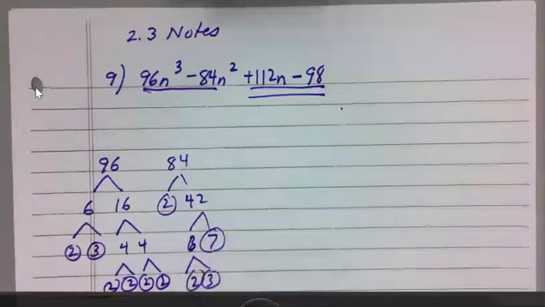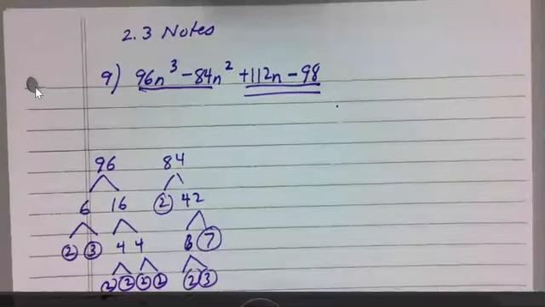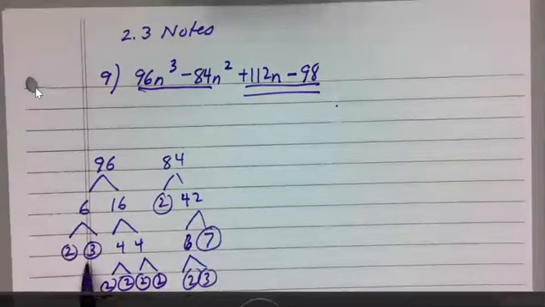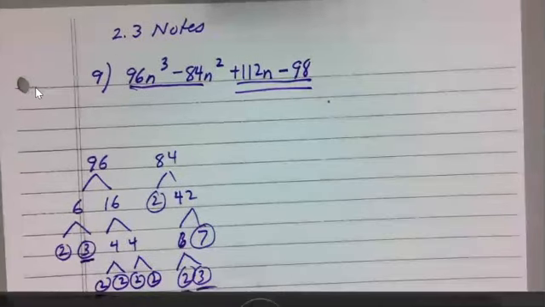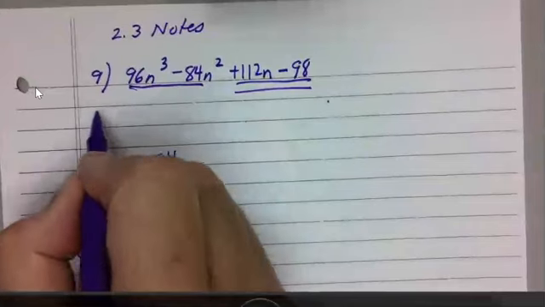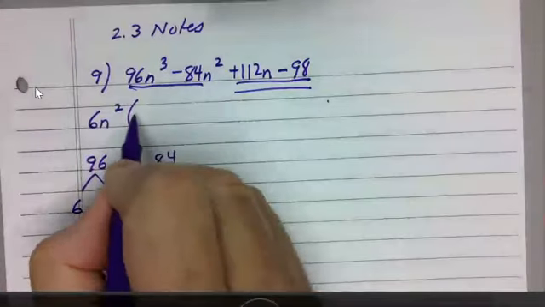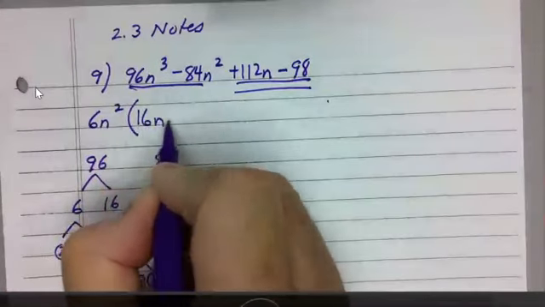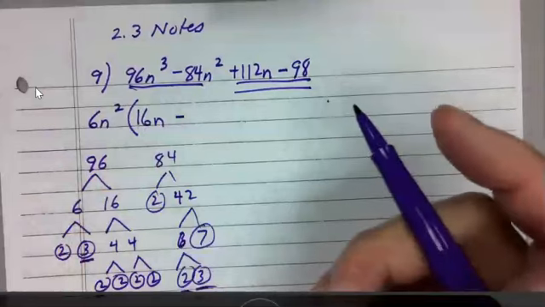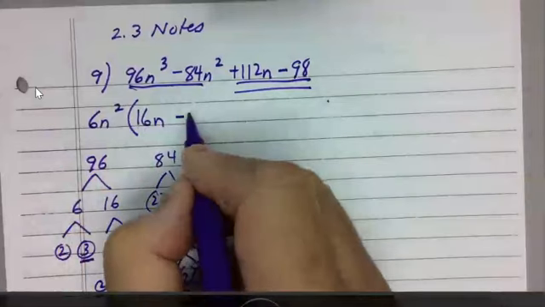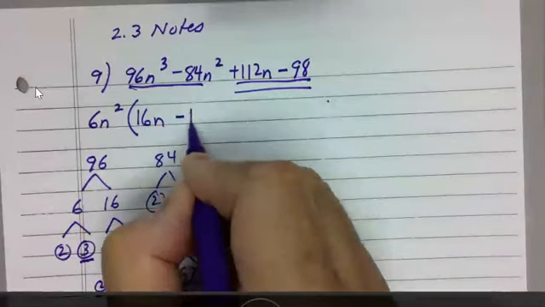So what do they share in common? This and this and this and this. Looks like that's it. So it'll be 2 times 3, which is 6. So 6n squared. So that gives me 16n minus 14.